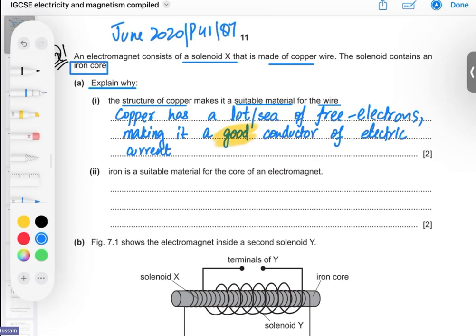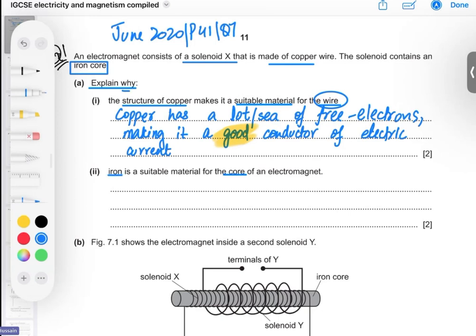Then the next question is, iron is suitable material for the core of an electromagnet. Copper is suitable material to be used as a wire because it has a sea of free electrons, a lot of free electrons, and that makes it suitable. But for the core of an electromagnet, we use iron.